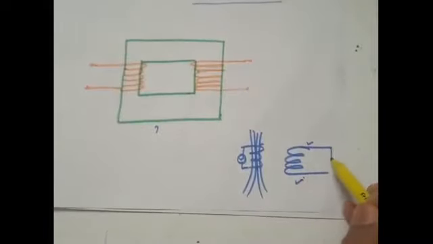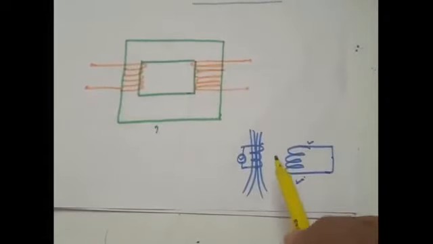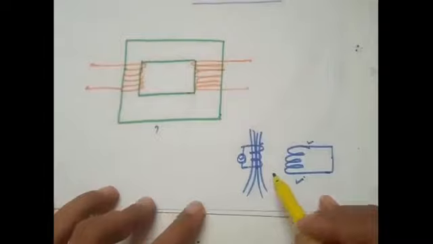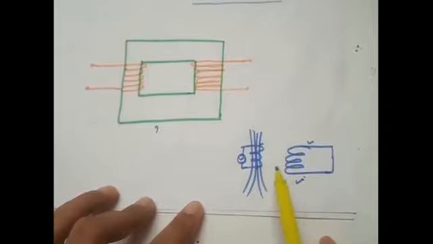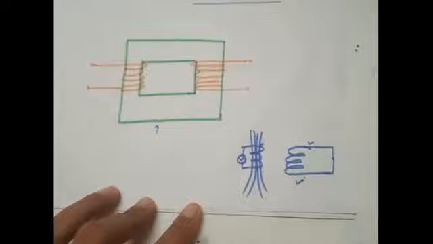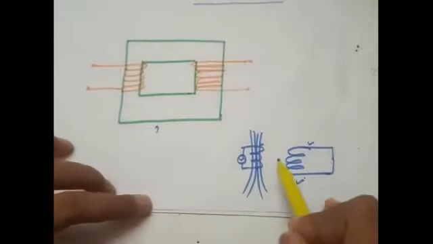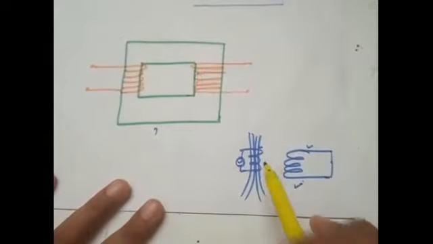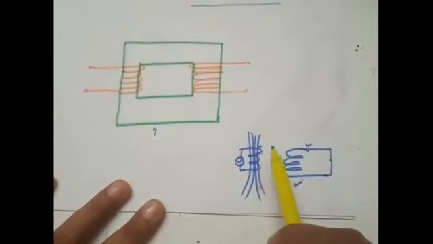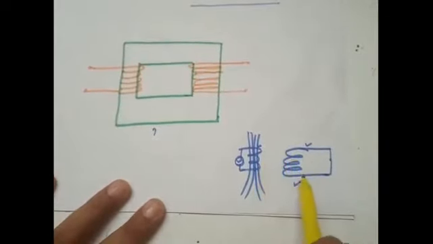And if this circuit is closed, then a current will be induced in this circuit also. But one factor is important here: if we keep two coils near each other and produce the induced electromotive force in the secondary coil, here we have an air gap. Air will cause fewer magnetic field lines to link with this secondary coil.